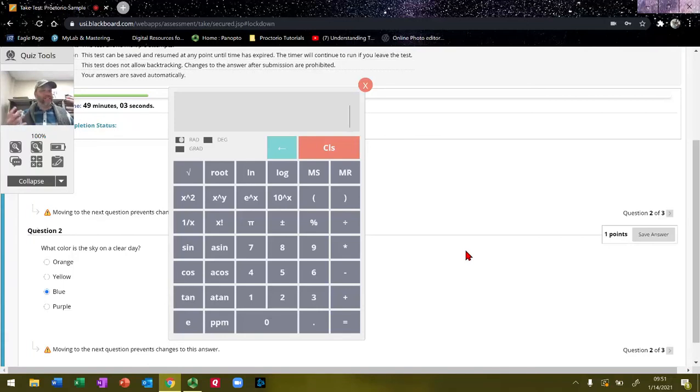It's different for different calculators. Sometimes you hit the command button first, and then you put in the number that you want the command to act on. In this case, you put the number and then you hit the command button.